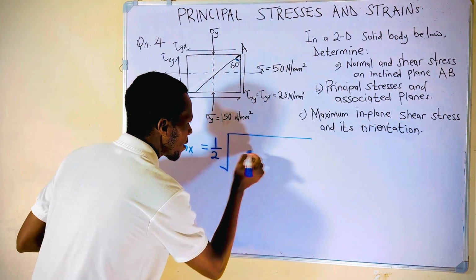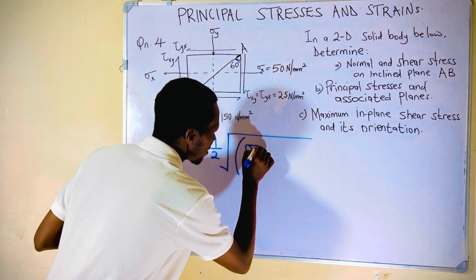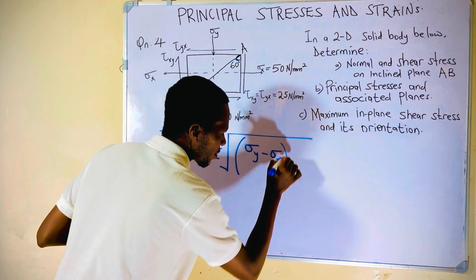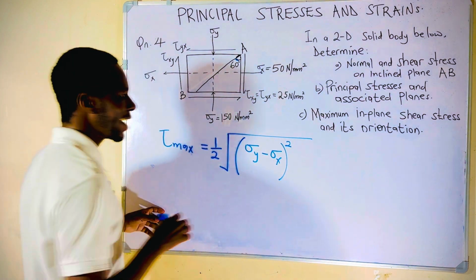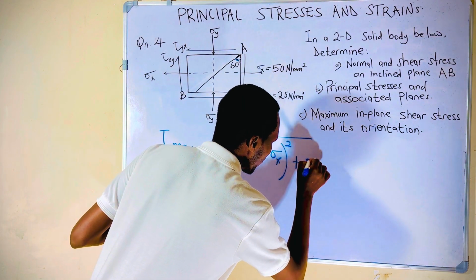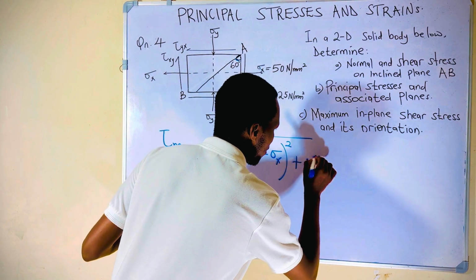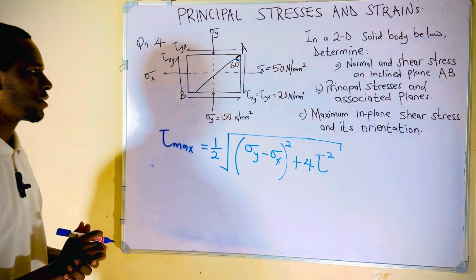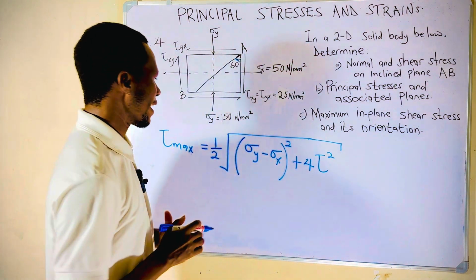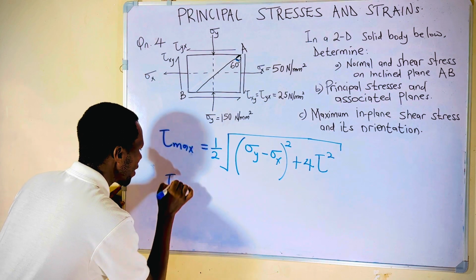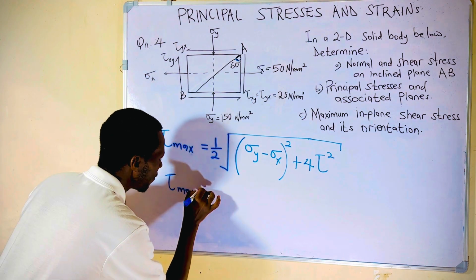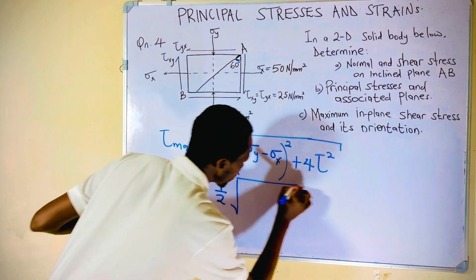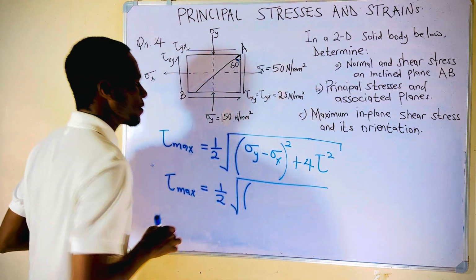Half times what is inside the bracket, which is sigma y minus sigma x. Take note of that. Square. Okay. Plus 4 tau square. Very simple expression that you need to take. I have made it very clear. So tau max is therefore going to be equal to half root of, you have to substitute this.